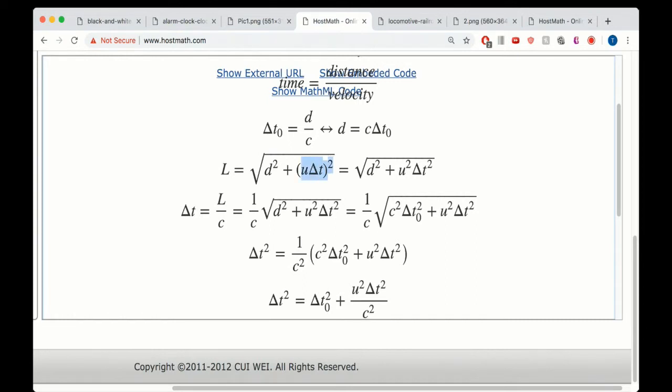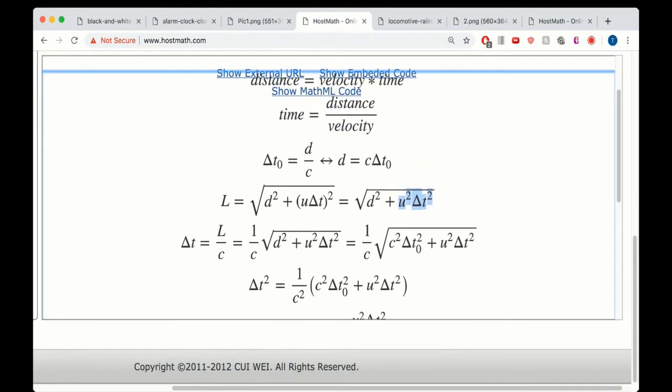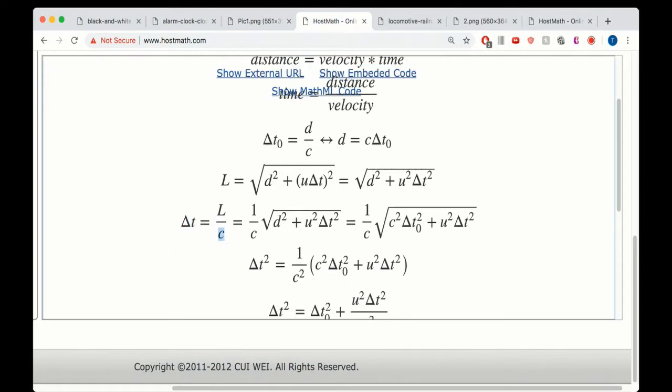Expanding this (u delta t) squared gives us u squared delta t squared over here. Reusing our time equals distance over velocity formula, we get delta t is equal to L over c. Expanding L, we put L right here, as before, and we leave the 1 over c outside.